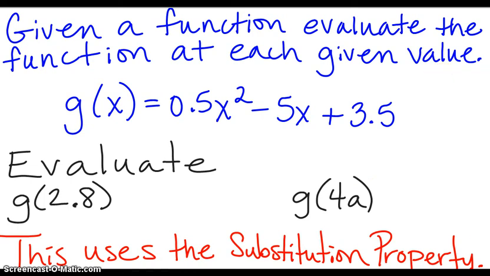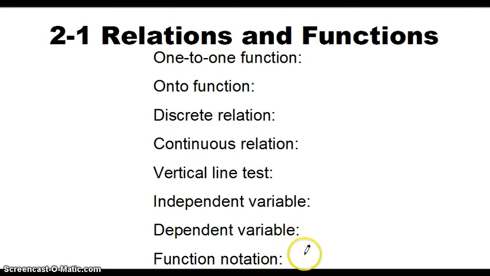Given a function, evaluate the function at each given value. Here is function notation. So function notation would look like a g, and what we say is g of x. We could also have an f of x.